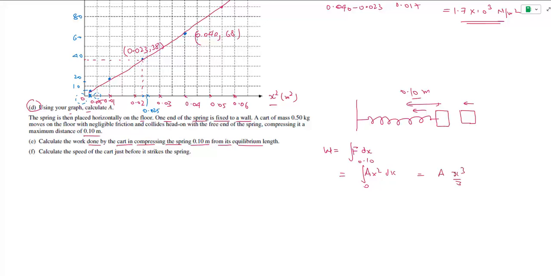A we have calculated, so that would be x cube by 3, lower limit 0, upper limit 0.10. Substitute the value of A, that is 1.7 into 10 raised to power 3, x cube, so that would be 0.10 cubed. If you solve it, you will get 0.57 joule.